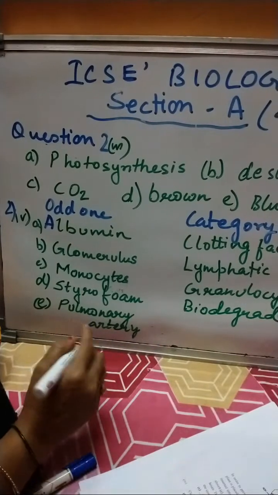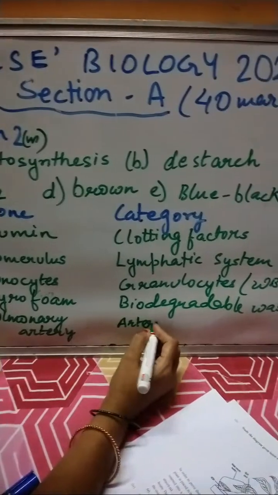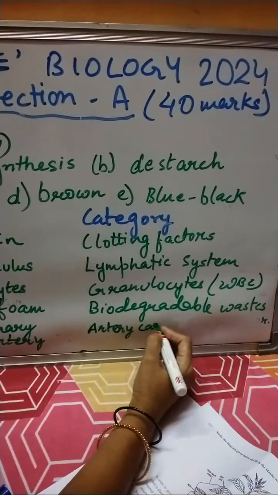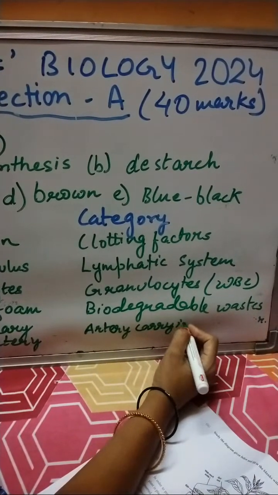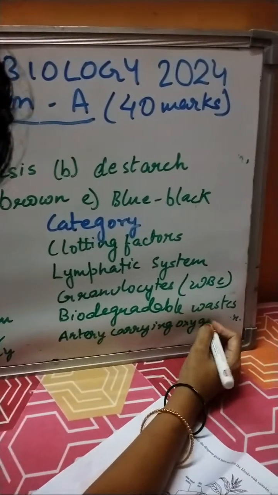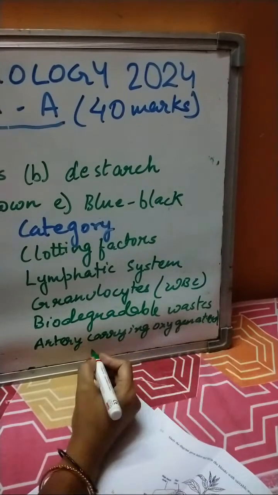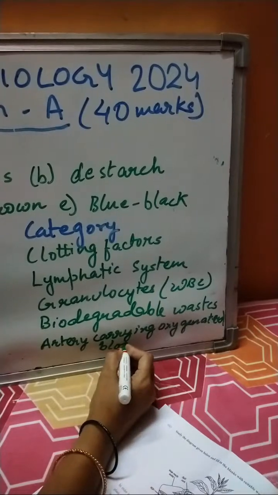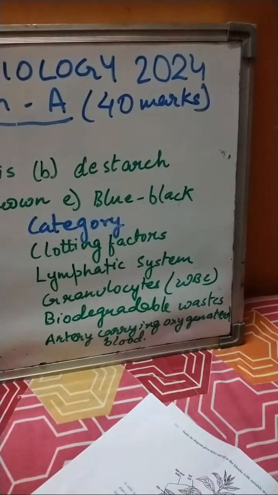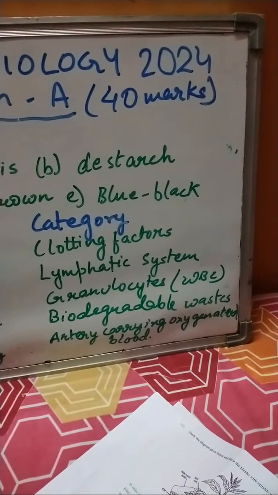The other answer you will be writing is: artery carrying oxygenated blood. So these were the answers for choose the odd one and the category to which the other three belong.